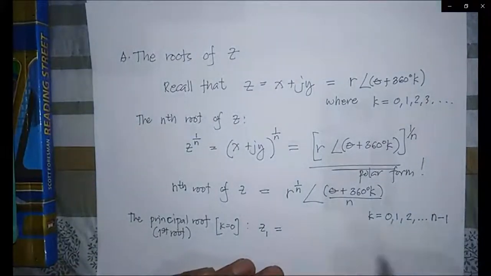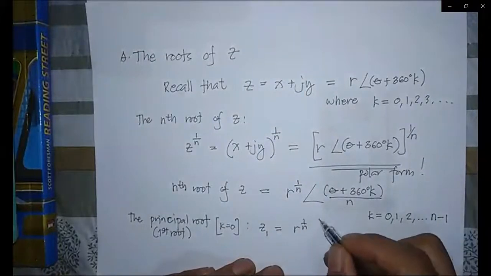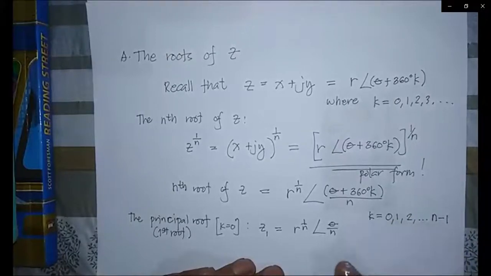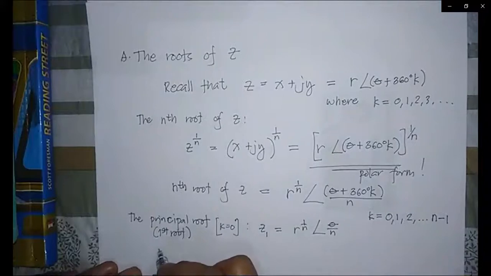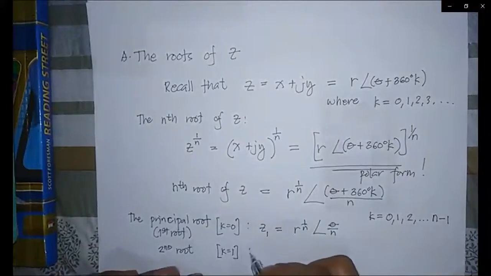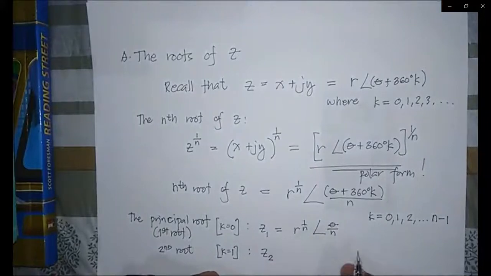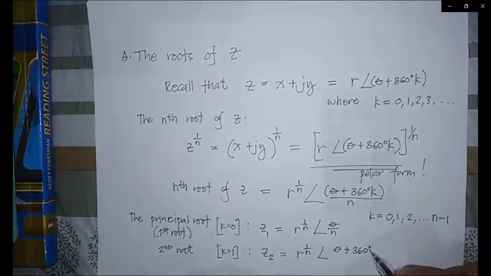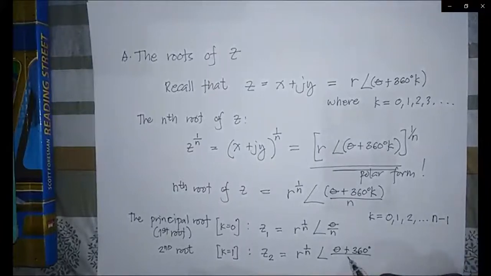The first root can be denoted as z1, that is equivalent to r raised to the power of 1 over n, angle of theta over n. Take note, k is 0. For the second root, that is when k is equal to 1. For the second root, this is z2 equals r raised to 1 over n, angle of theta plus 360 degrees, since k is equal to 1, all over n.